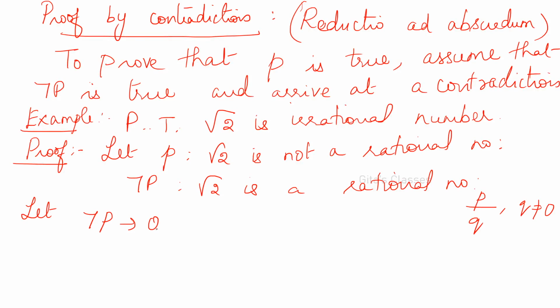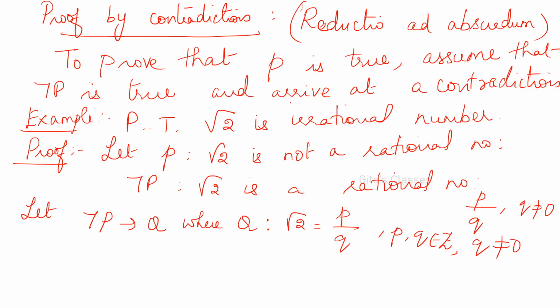not P conditional Q: if it is a rational number, then you can write it in the form of Q. What is Q? Q is the statement, root 2 is equal to p by q, where p, q belong to Z and q not equal to 0. p, q are integers.